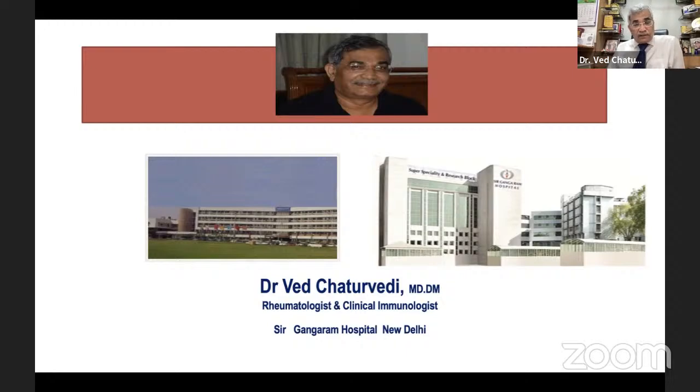A lot of work is going on on what factors can decide which drug for which patient, and what drugs to use for refractory disease. Is it a T cell disease or a B cell disease, whether we should give anti-B cell therapy or not. That time has not come, but work is already going on.